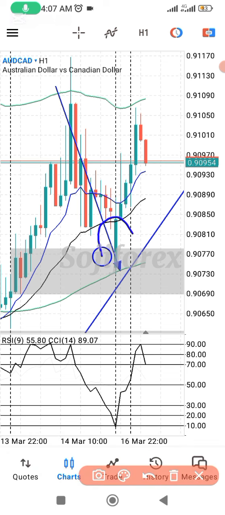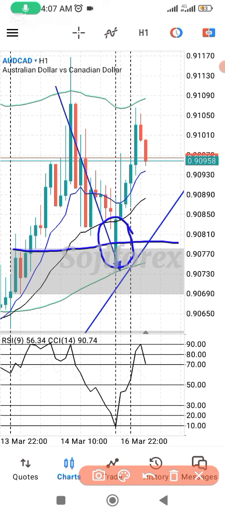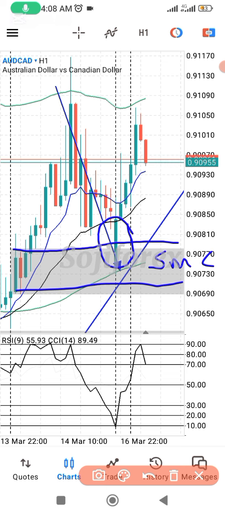This is a bullish candlestick pattern, which was formed in the zone. It came to tap into the zone of this smart money cube. So you can see what I refer to as a high probability trade setup.